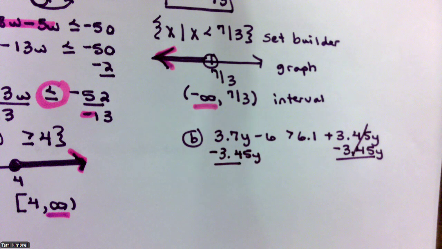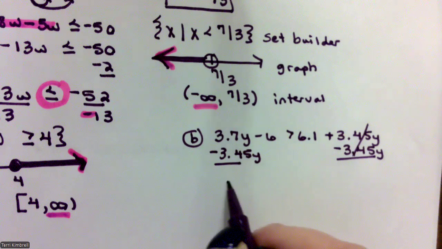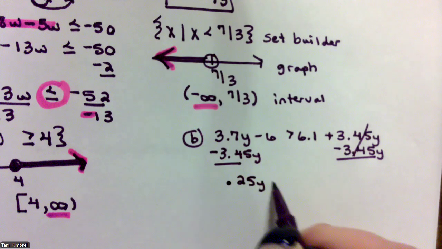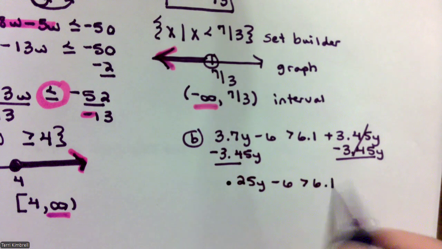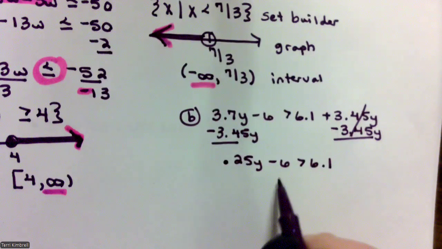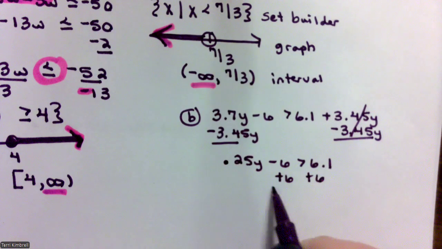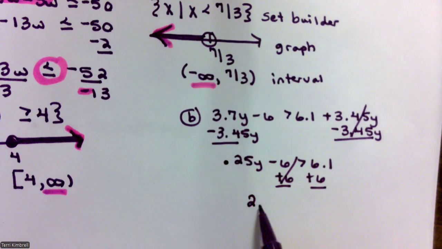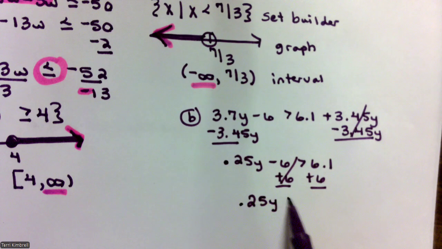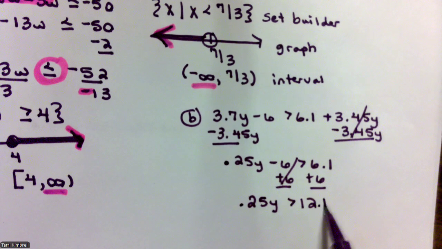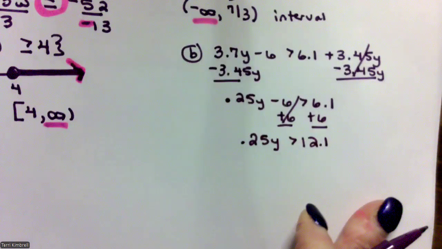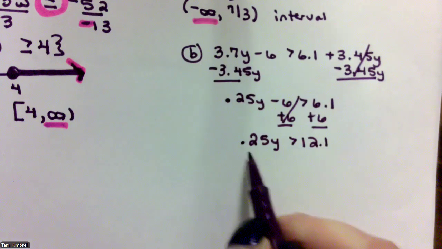So 3.7 minus 3.45 is going to be 0.25. Then I'm going to add the 6. And then we're going to divide by 0.25.